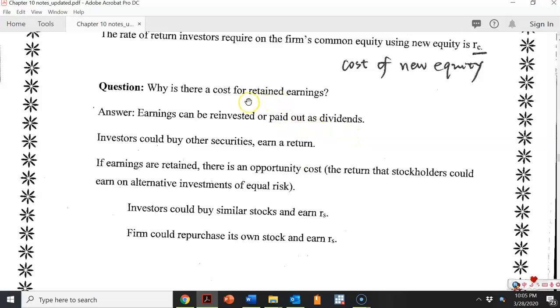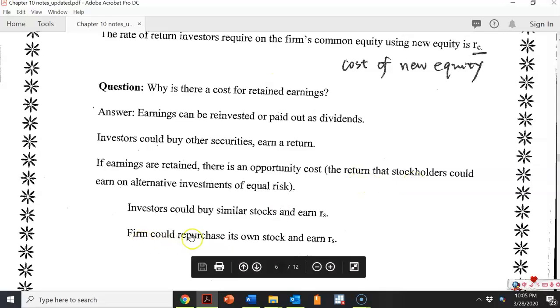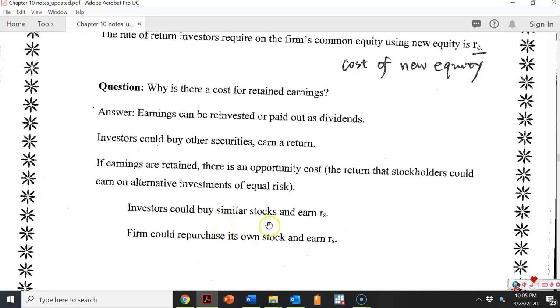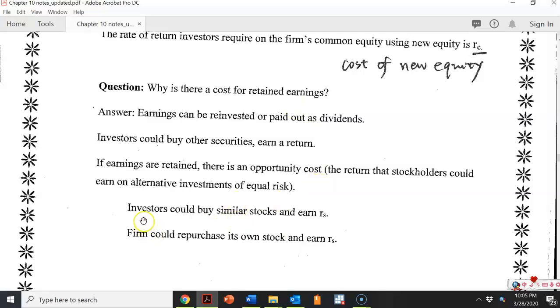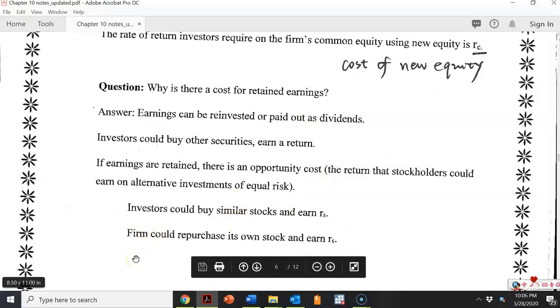The cost of retaining earnings is an opportunity cost, and it should be the same as the return that either the stockholder or the firm could earn by investing in other things.